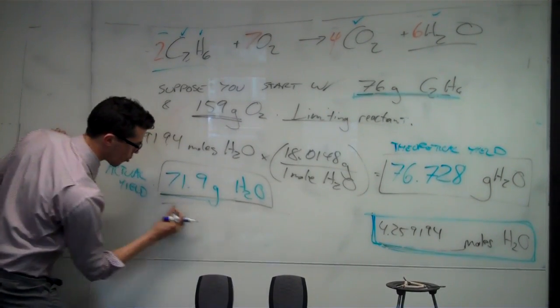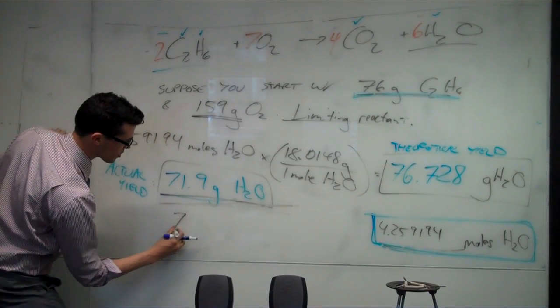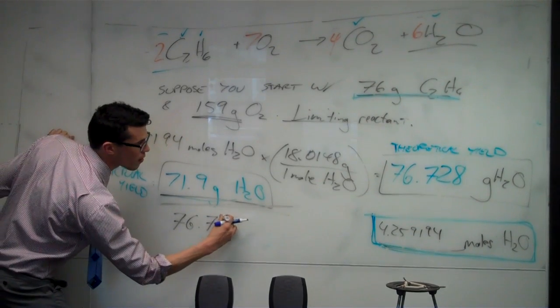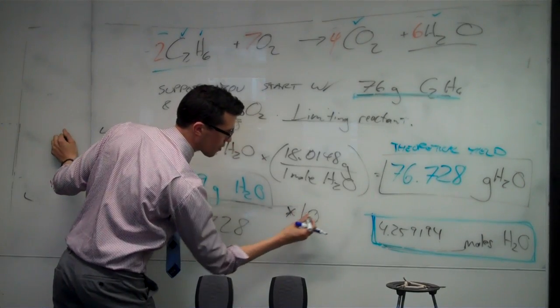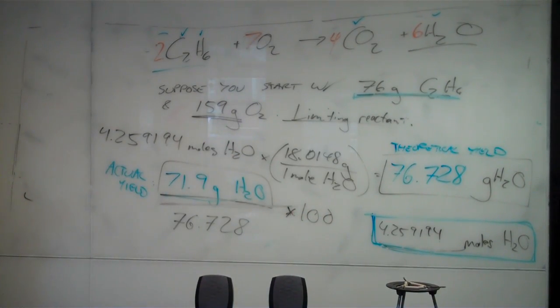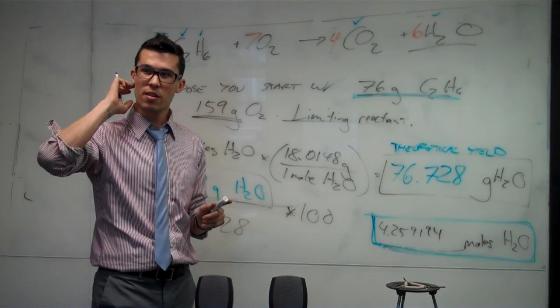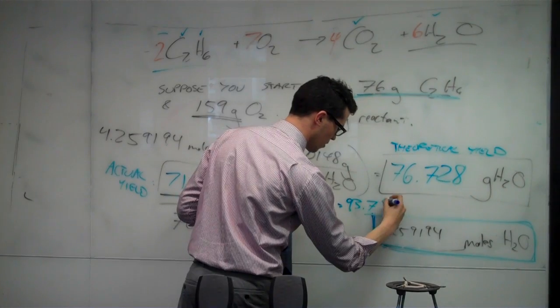So this over 76.728, times 100. What do you get as the answer? 93.7%.